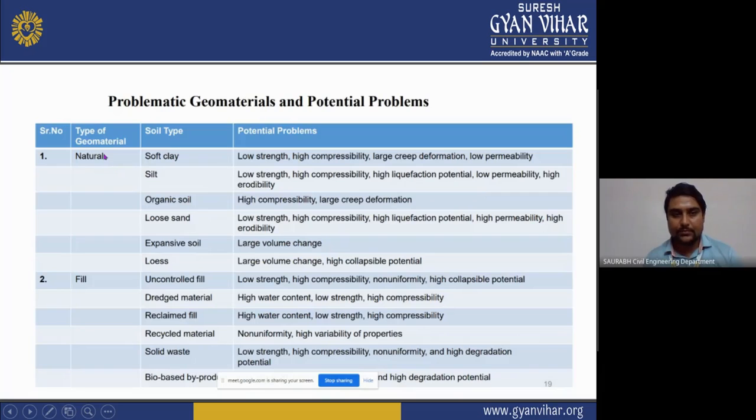If the soil is natural soil, it may be soft clay, silt, organic soil, loose sand, or expansive soil. In these soils there are some different qualities, and they create potential problems: some have low strength, some have high compressibility, some have high liquefaction potential. So these soils can be improved by ground improvement methods.